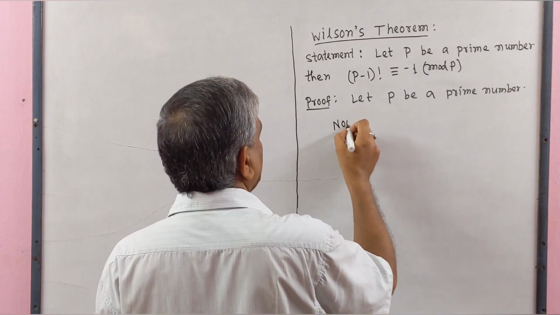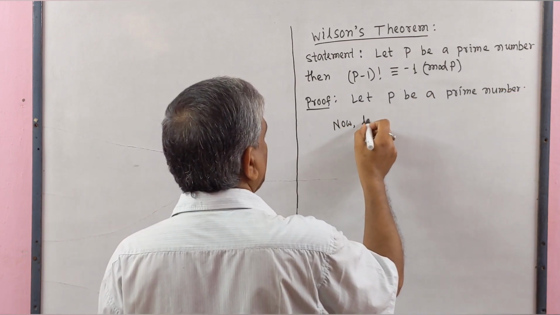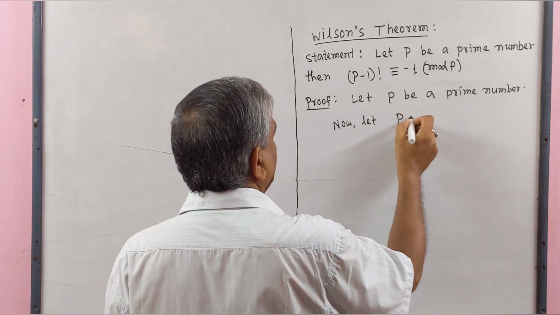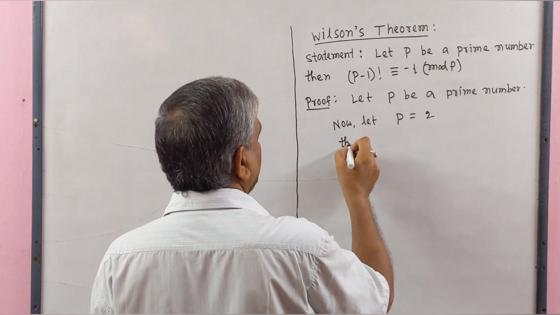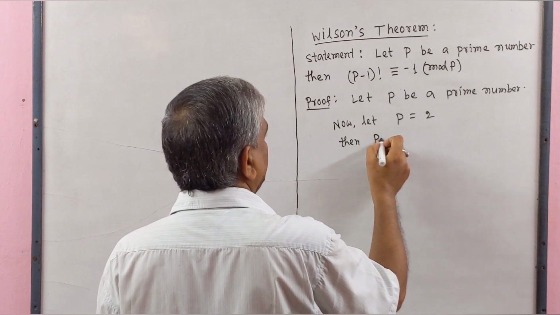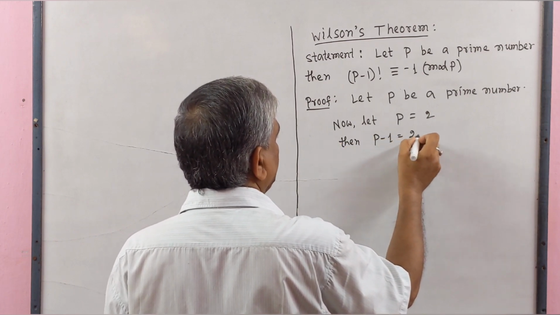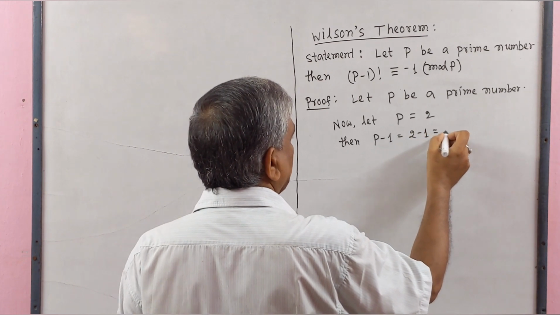Now let p equal to 2. Then p minus 1 equals 2 minus 1 equals 1.